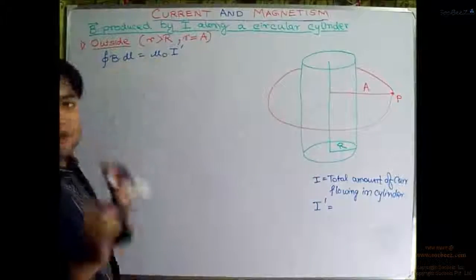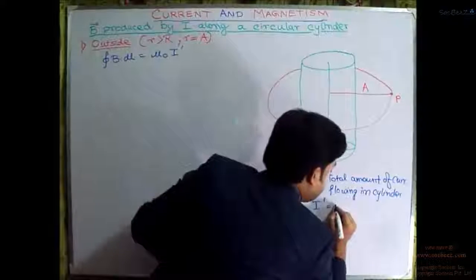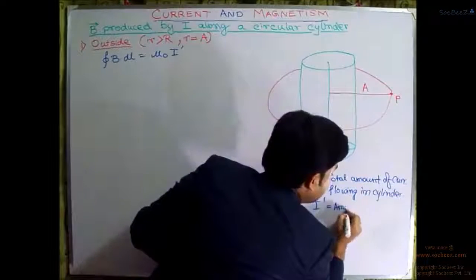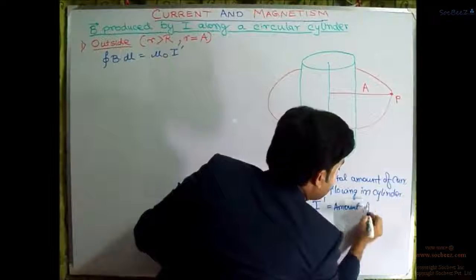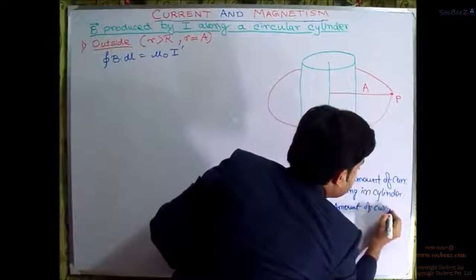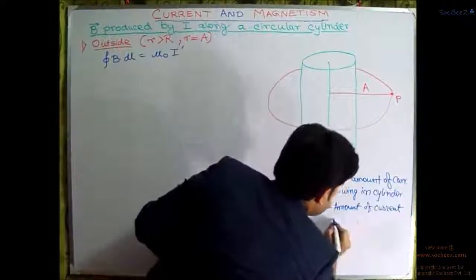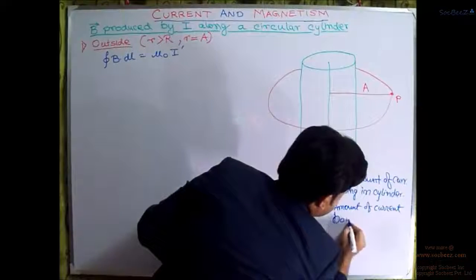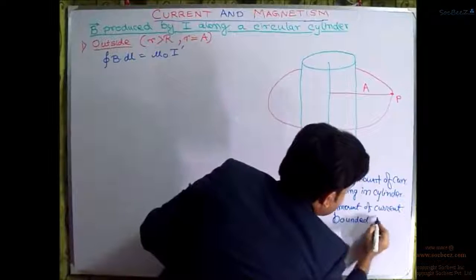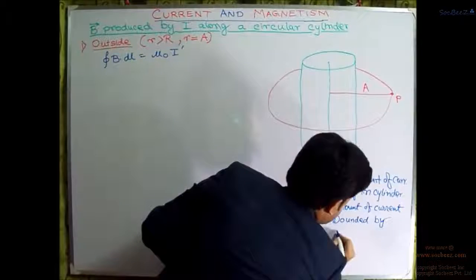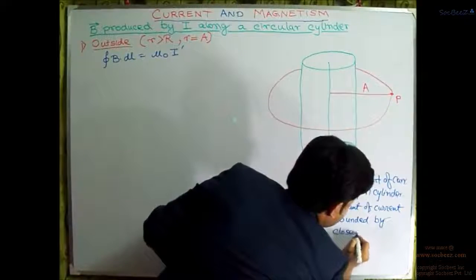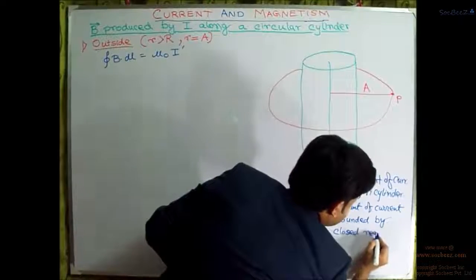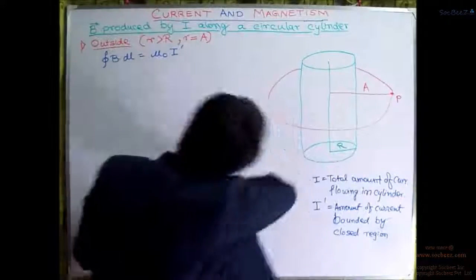And what is I dash? This I dash is basically equal to the amount of current bounded by the closed region, right?